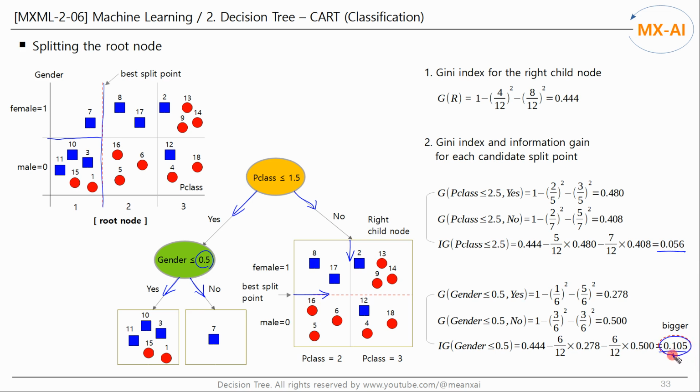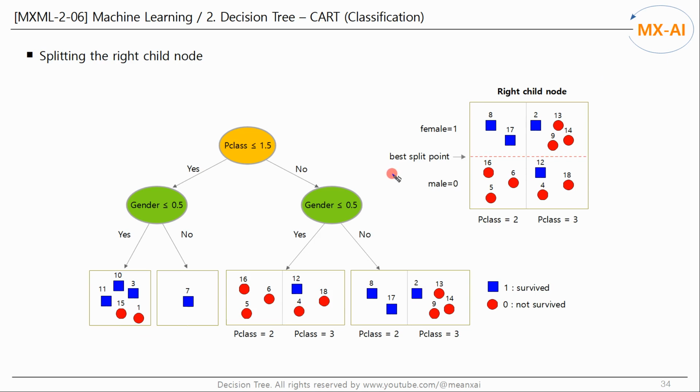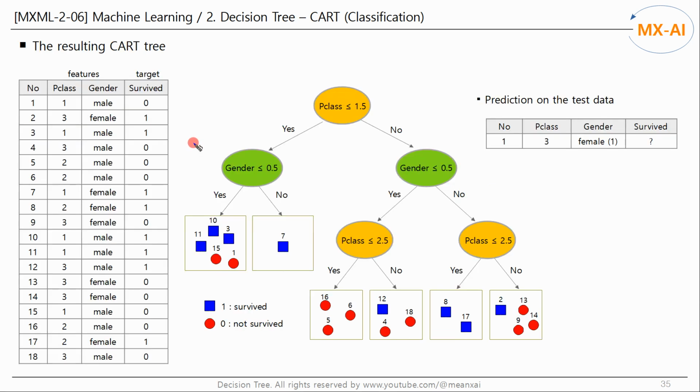Since this value is higher, we select this line as the best split point. We split this node into left and right child nodes as follows. Since each child node has only one candidate split point, we can use these to construct the final CART tree. The optimal CART decision tree for this dataset is as follows.